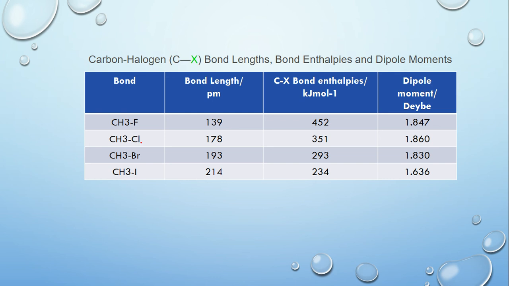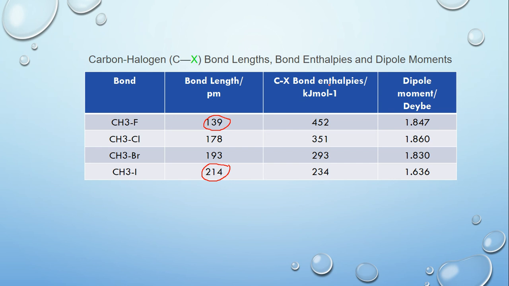When we compare it with CH3Cl, CH3Br, and CH3I, it is the smallest one, and for CH3I it is the largest. Bond length is written in picometers. The smallest is for CH3F, that is 139, and the biggest is for CH3I.